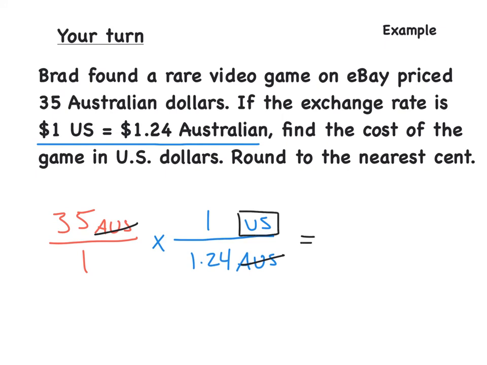If we multiply straight across, we have $35 over $1.24. If we divide that through, 35 divided by $1.24, and round to the nearest cent, that is going to equal $28.23 US. So that is the final answer.